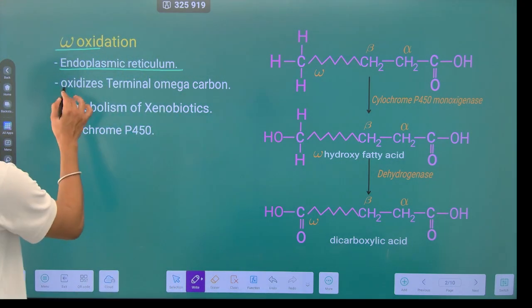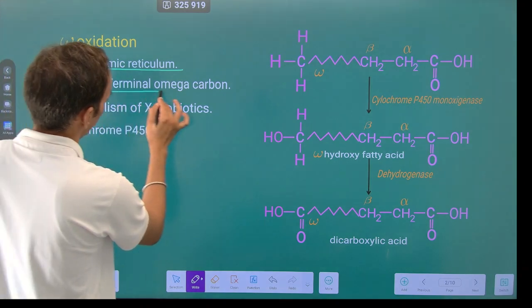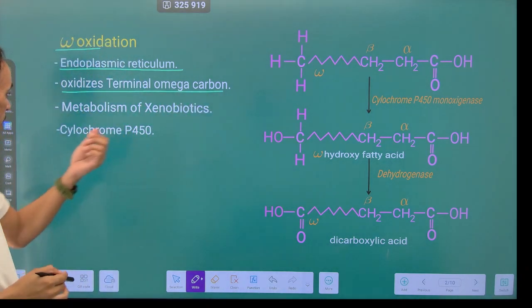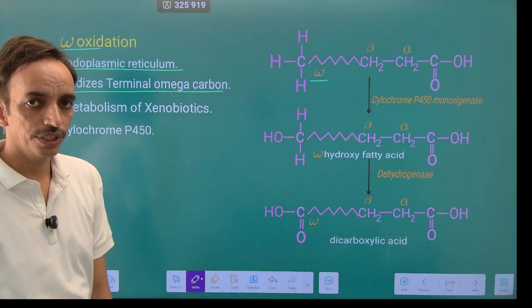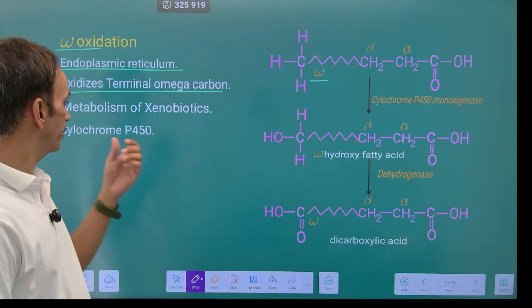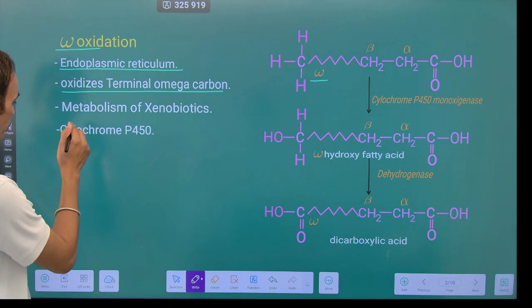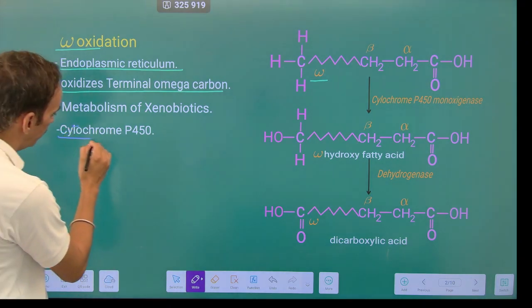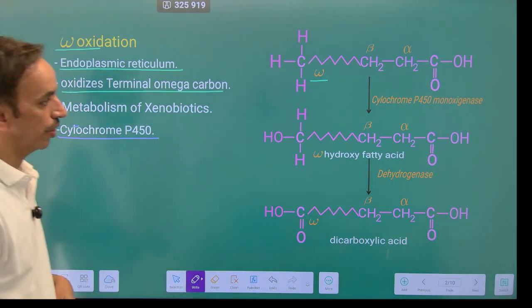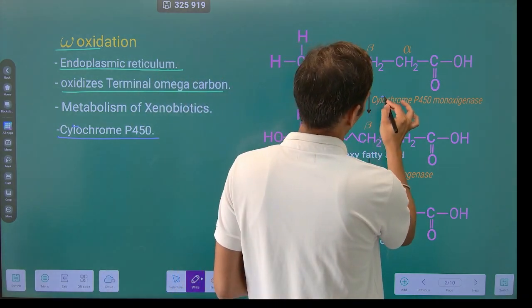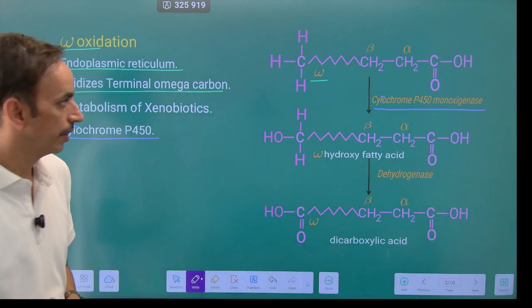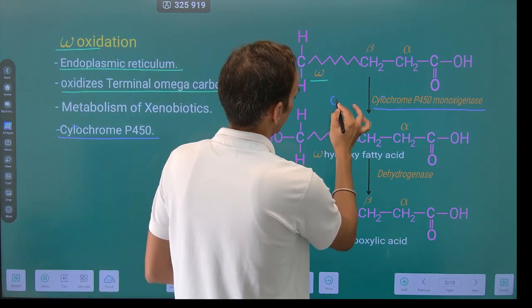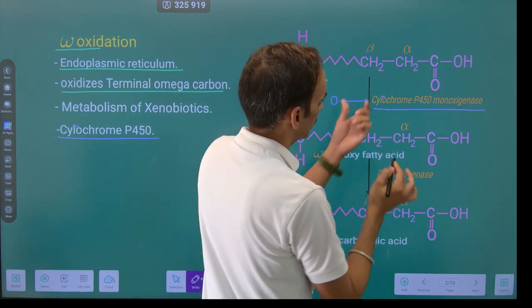So omega oxidation oxidizes the terminal omega carbon, as we can see over here. For this oxidation, the endoplasmic reticulum has an enzyme known as cytochrome P450 monooxygenase, which adds an oxygen atom onto this acyl chain.